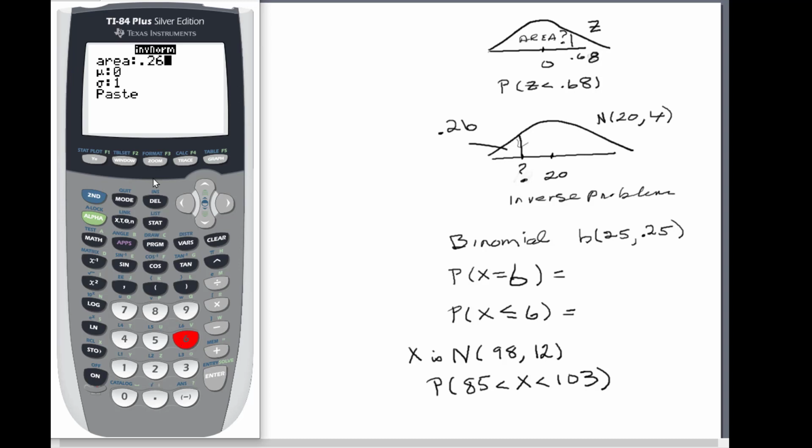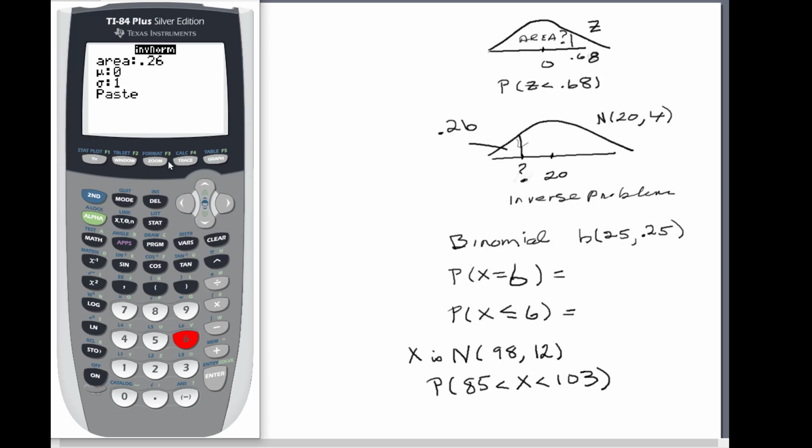And the area to the left is 0.26. And again, it's a standard normal, so the default here is a 0 for the mean and a 1 for the standard deviation. That's a standard normal or a z distribution. That still has to be changed because I see that in this application, we're talking about a distribution that's normal with a mean of 20 and a standard deviation of 4.